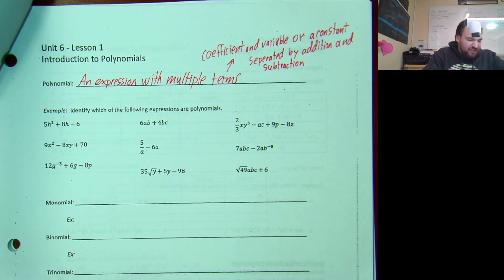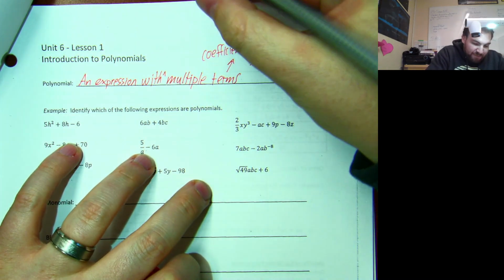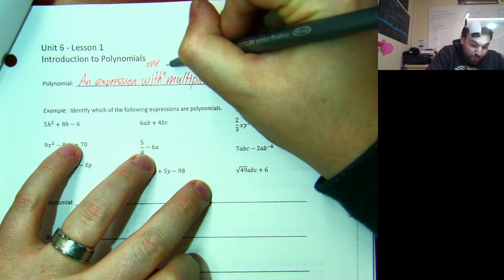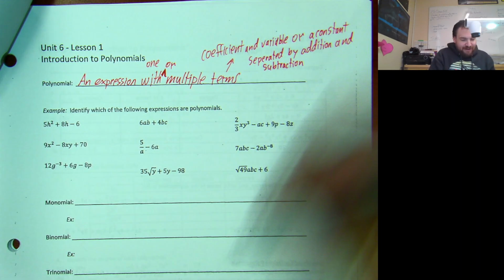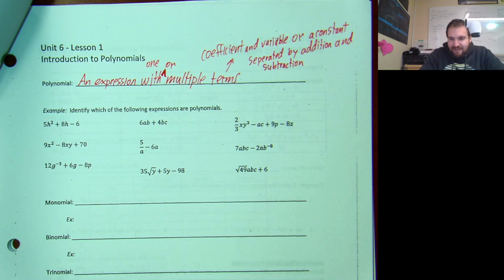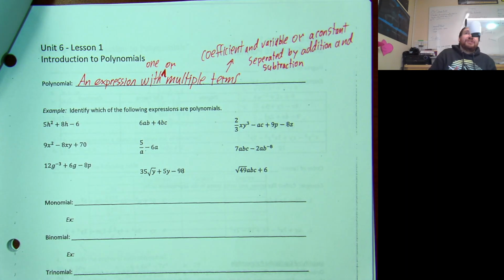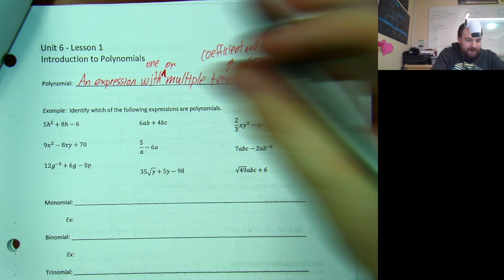Here, let's just tweak this then: an expression with one or multiple terms. There we go. Now we're changing things here. Multiple terms, separated by addition and subtraction. There's some more language here that restricts what kinds of things can show up in a polynomial.